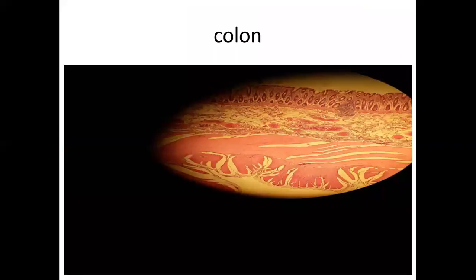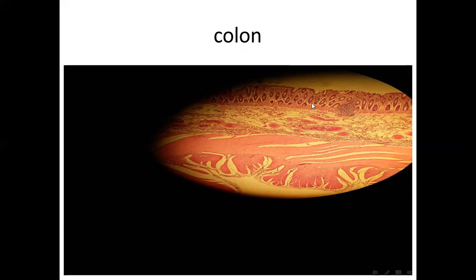This is another slide. From here to here is the mucosa. As we see here, there is an absence of villi, just crypts of Lieberkühn.